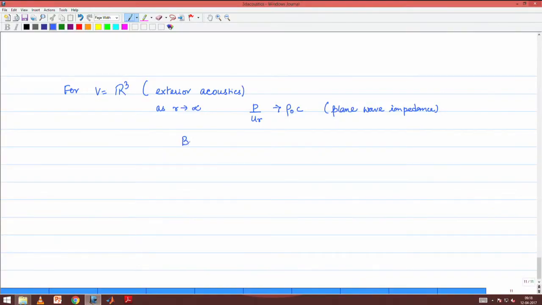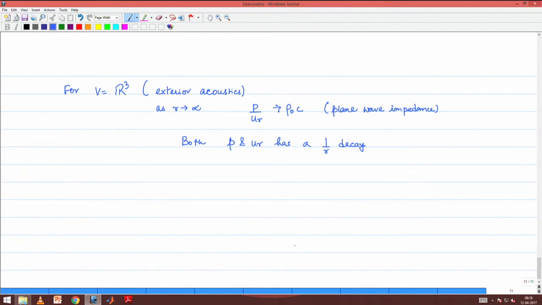But then you will realize there is also another condition: both pressure as well as velocity will have a 1 by r decay. We have seen the 1 by r decay effect in the pressure. You could work out the 1 by r decay for the radial velocity also by appealing to the momentum equation. So, both p and u_r have a 1 by r decay when we are talking about 3-dimensional acoustics.